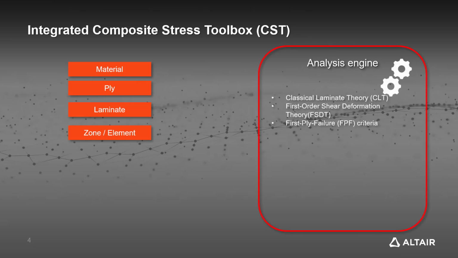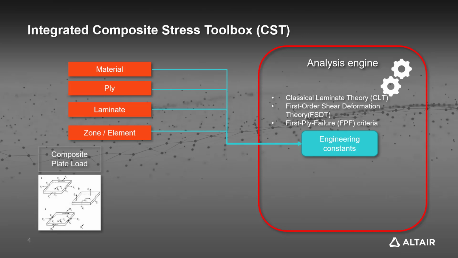So we have a built-in analysis engine. In the background, we are running classical laminate theory, first-order shear deformation theory, and we have a collection of first ply failure criteria available. Now, the first thing is usually to look at engineering constants, and you can do those for all of those different entities, so regardless of material, ply, laminate, zone, or element.